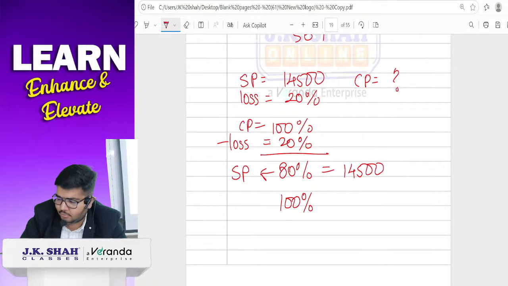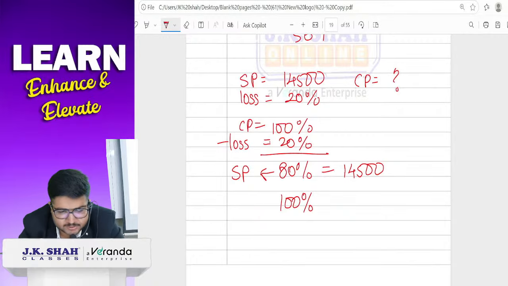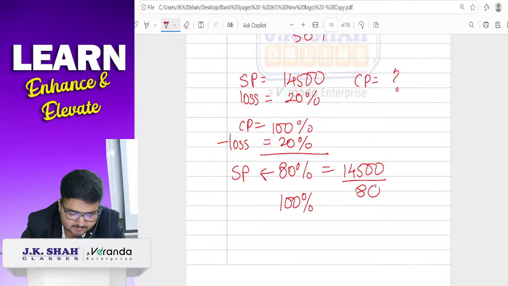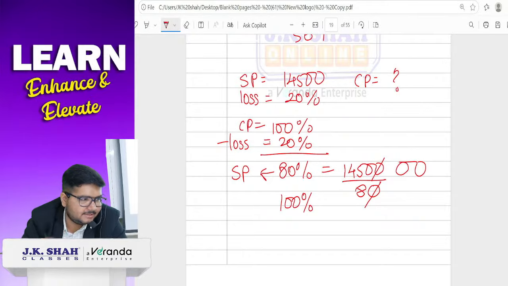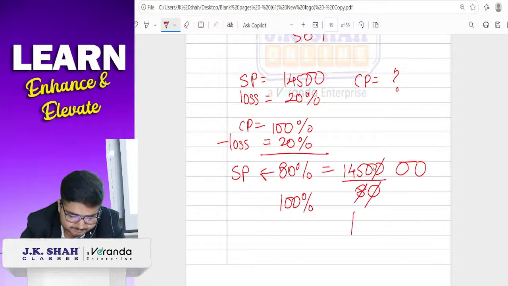So the trick goes in the same way. 14,500 is 80%. You have to find 100%. So I will divide it by 80 and put 100. Now I will cancel the zeros. Now I will divide 1450 by 8. You can divide it in your mind if it is possible. 8 ones are 8.